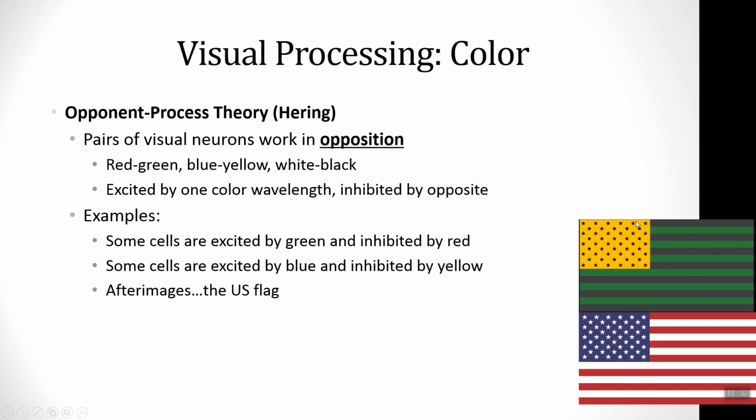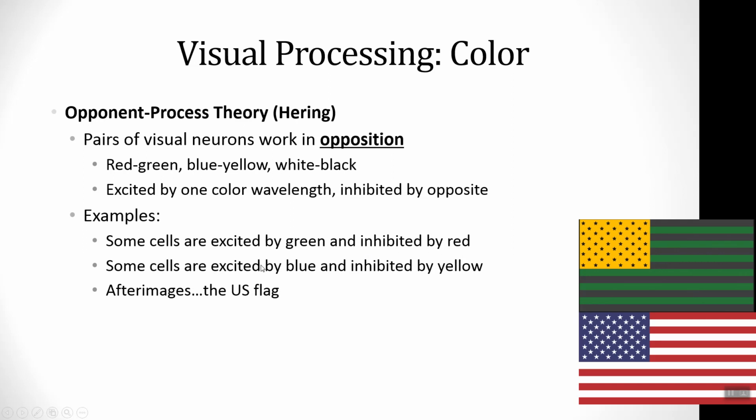What happens when you stare at a white blank kind of screen like I did before is there's this fun rebound effect, okay? And so you'll now see the opponent process because your cells are kind of being excited, even though there's an absence of blue there.